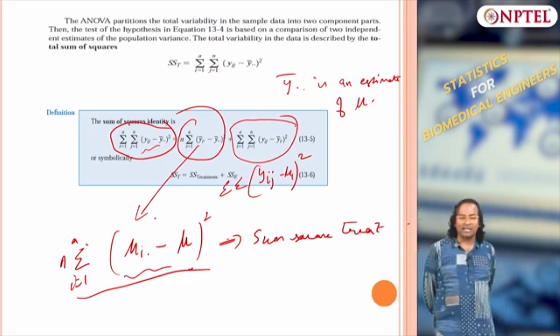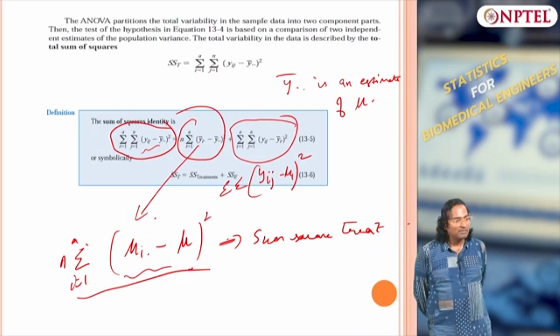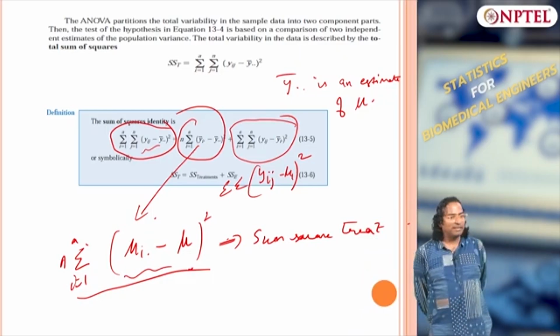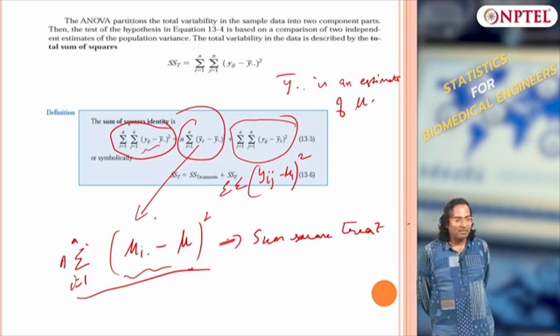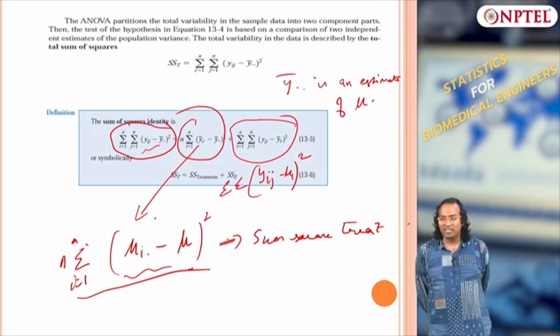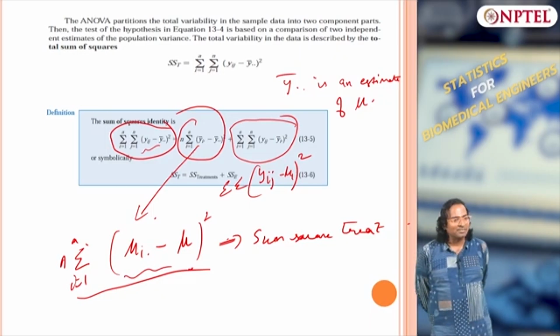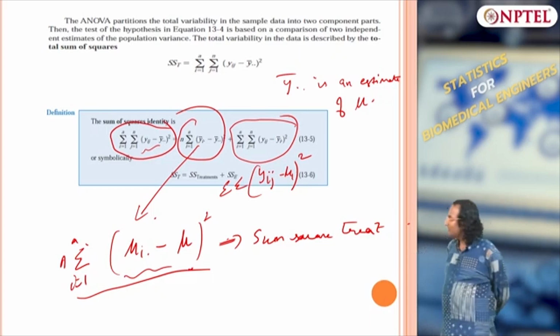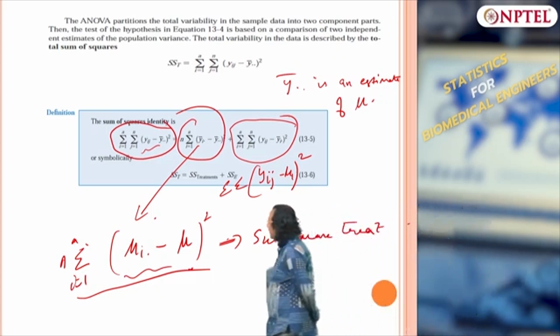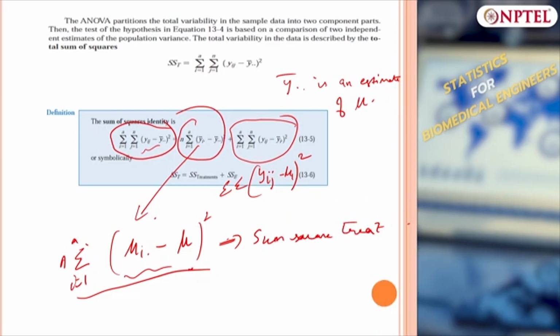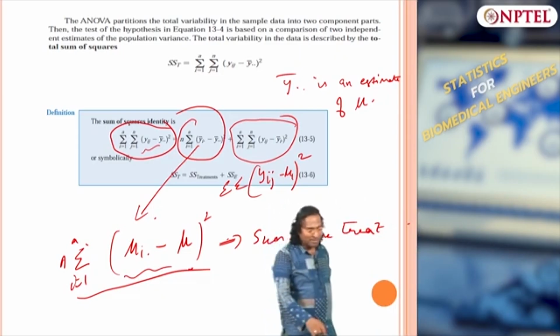How many treatments are there? N or A? You are able to see the board, right, everybody? Is there A treatments or N treatments? Is this equation not clear? Okay, let me write it out, the first term.